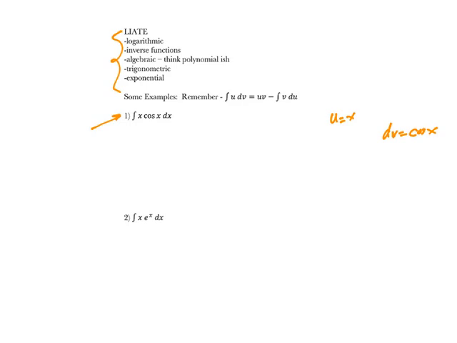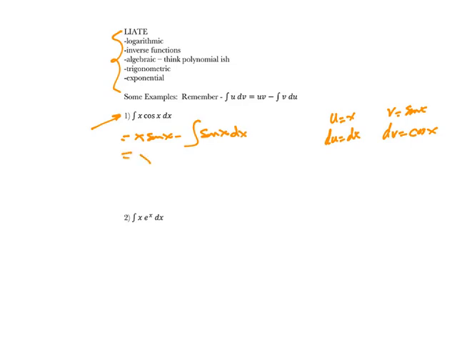So I go over here and fill in what I don't know. If dv is cosine x, whose derivative is cosine? It's sine. And du would be dx. So this integral of x cosine x would equal uv, x sine x, minus the integral of v du, sine x dx.